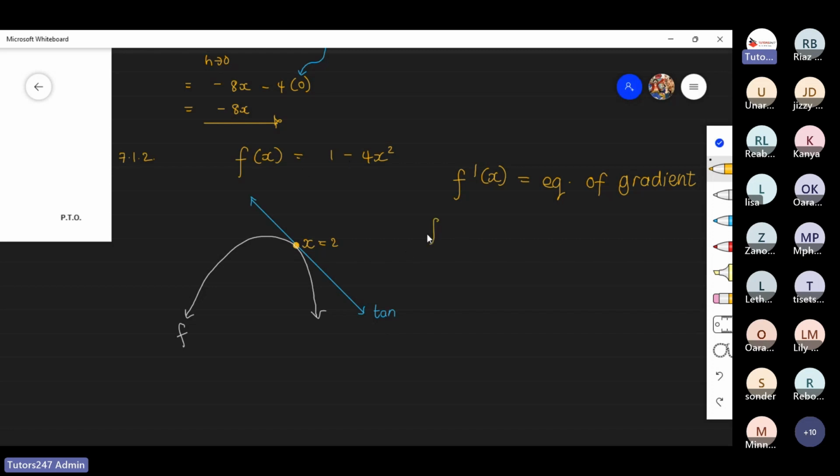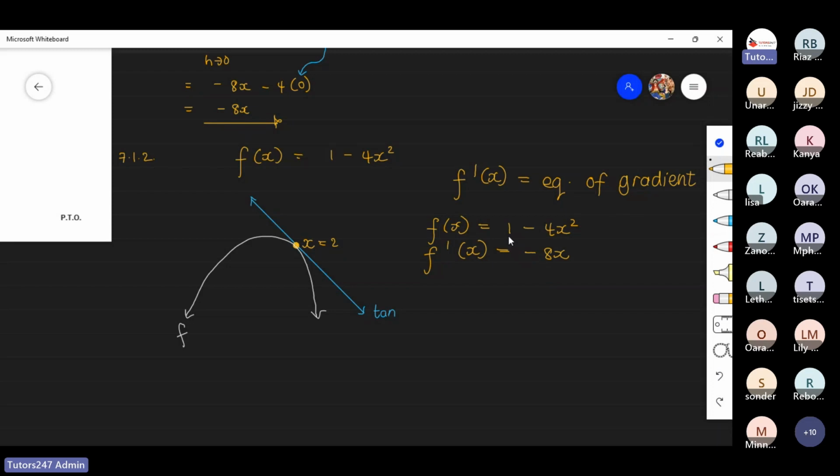So we have f of x, which is equal to 1 minus 4x squared. If we were to derive this, we've already derived it in the previous question, and we ended up with negative 8x. Now this negative 8x represents the equation of the gradient.